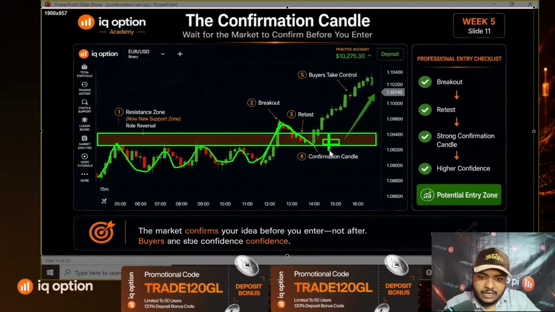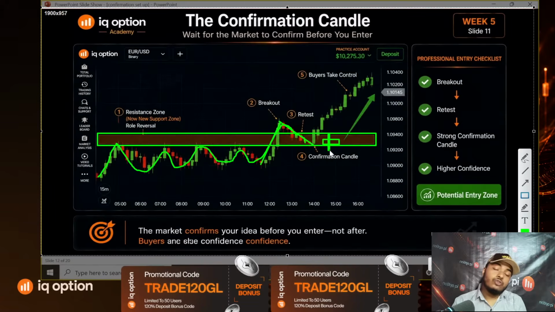The spinning top shows seller's weakness, and also buyer's weakness. A spinning top shows equality between buyers and sellers, but we get an advantage because this resistance zone has now become a support zone. That's why this bearish spinning top candle indicates the pressure of buyers. You see these candles are now a little in favor of the buyers.